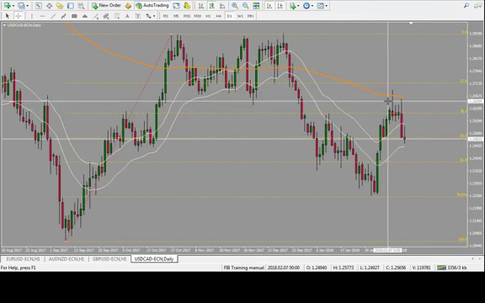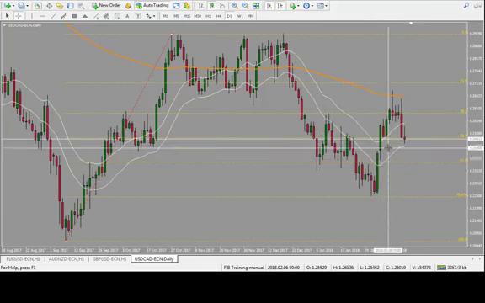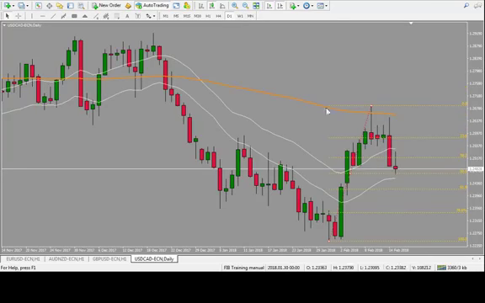So now the question is, okay, on a lower time frame yet, can we see if this push is responding to the fib levels? So I'll get rid of this one and I'll get some new fibs, and I go from down here to the swing high, and now you can see again price has started to respond to the 50 fib.